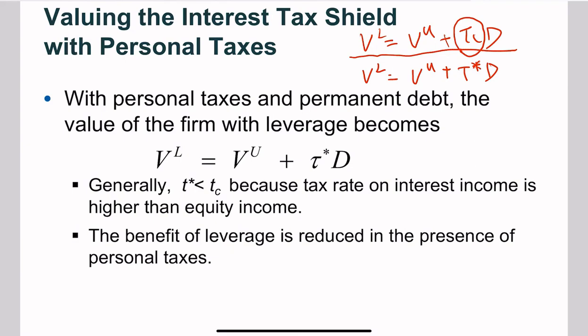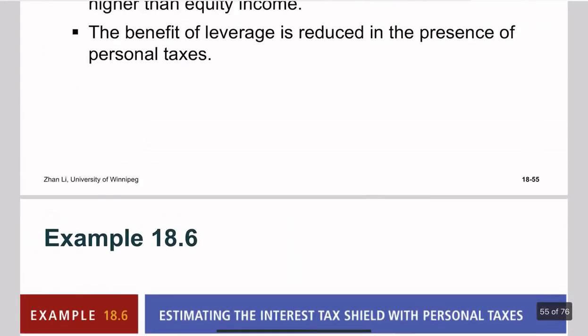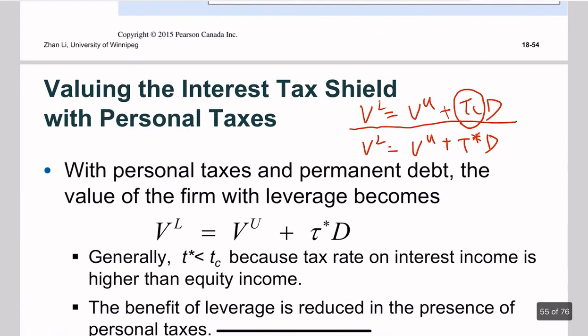That is, the tax advantage of debt after considering personal taxes. Oh, by the way, you can also clearly see that because T star is generally smaller than TC, this implies that because of personal taxes, firm's value will decrease.